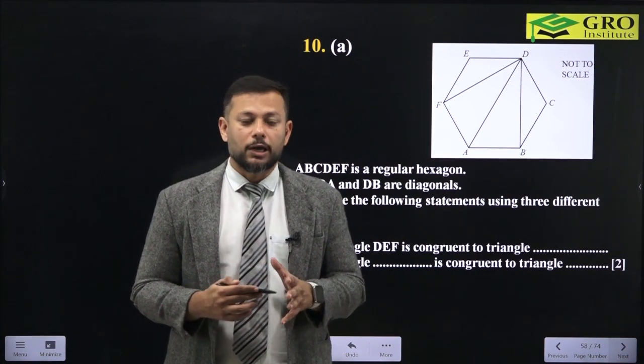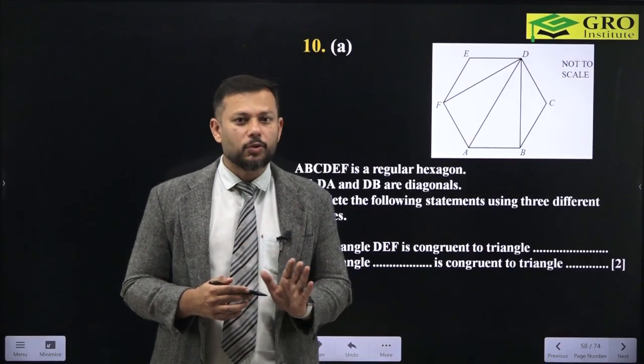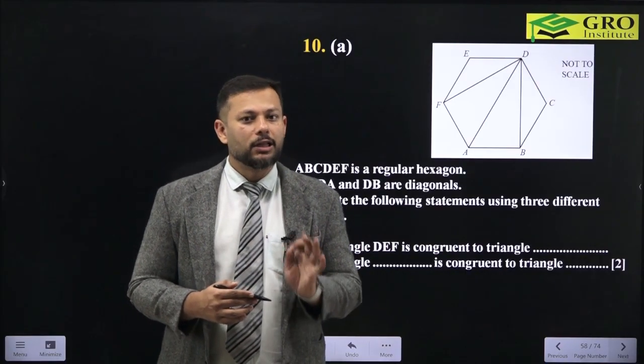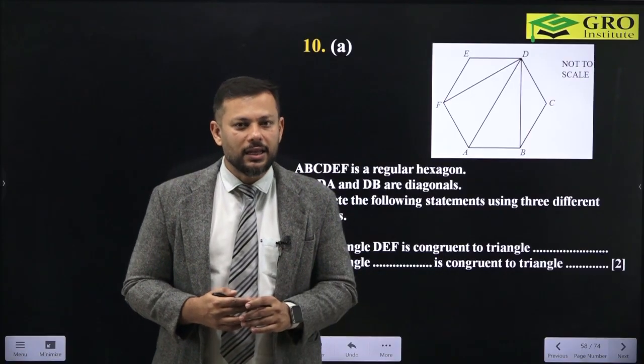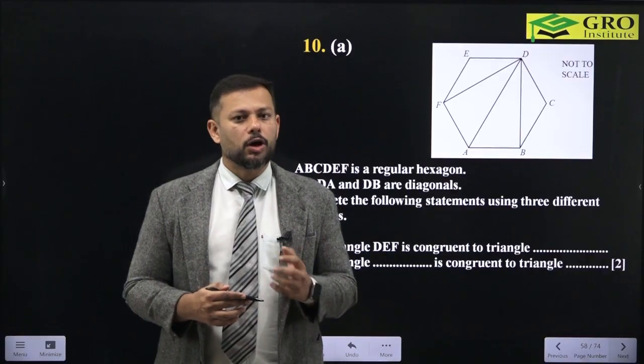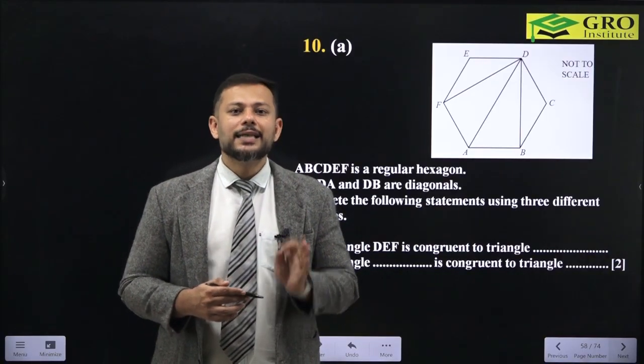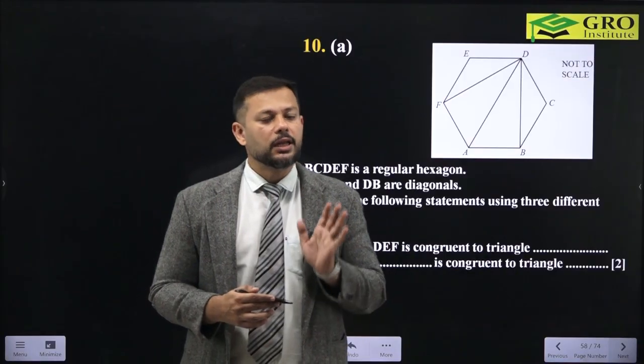A regular quadrilateral is a square, because all the sides are equal and all the angles are 90 degrees. A regular pentagon, hexagon or heptagon would have the same length of side and the same measure of interior angles.